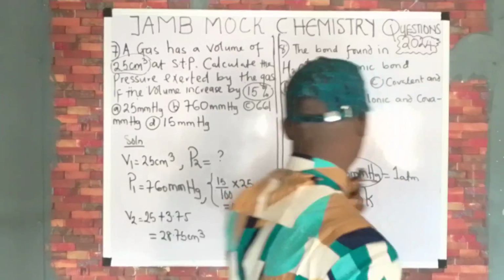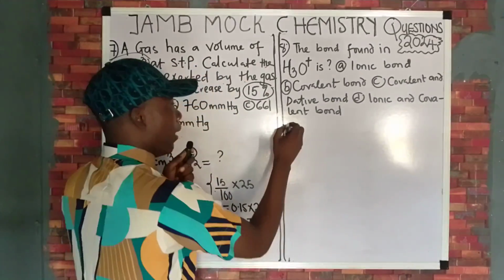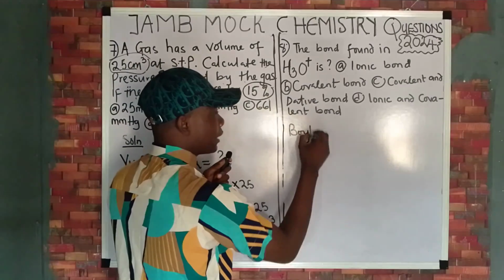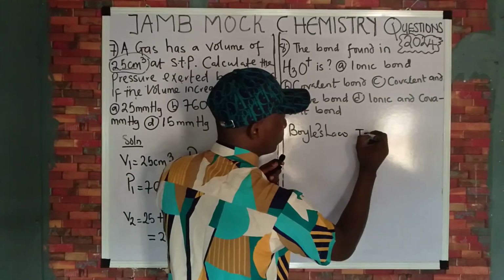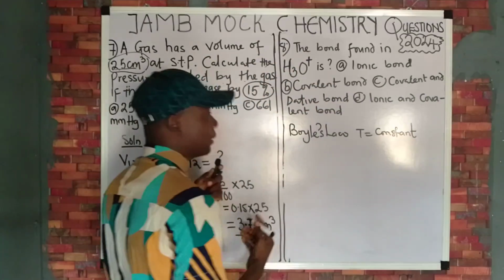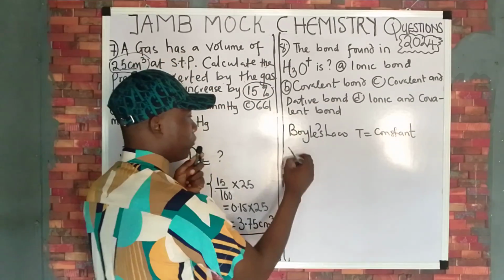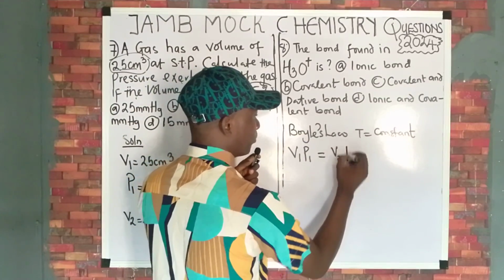Now let's quickly bring our formula. Remember that in Boyle's law, our temperature is constant. And if our temperature is constant, it means that we have V1 P1 equals V2 P2.